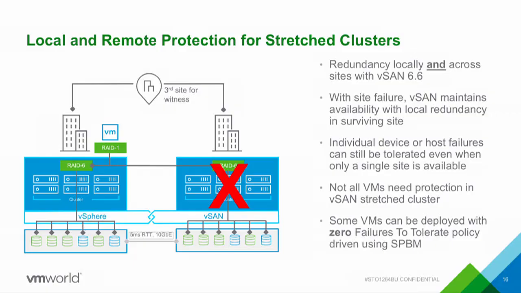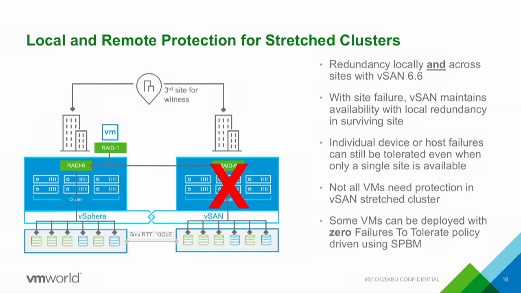So this just means that if you had an application that was available on the other site already, you didn't need to actually mirror that application or that VM. You could implement this with a primary failures to tolerate of 0 and then use secondary failures to tolerate to give it some availability on its own site.